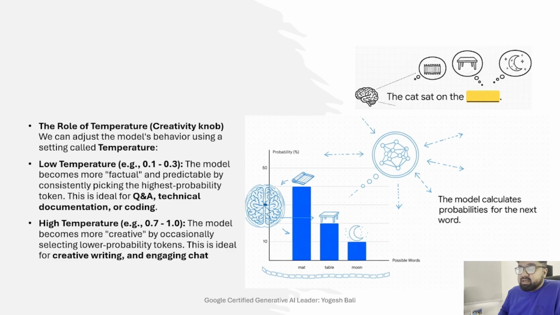So here, if my temperature is high, the answer will be the cat sat on the moon. So basically, for scenarios where I want accuracy, I will use a low temperature value, and for scenarios where I want creativity, like writing poems, I will use a high temperature in the LLM.